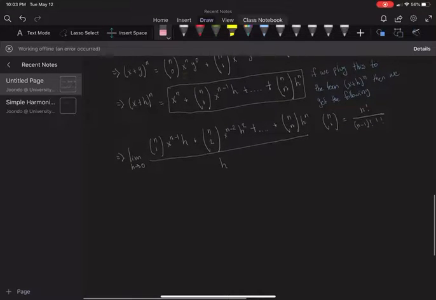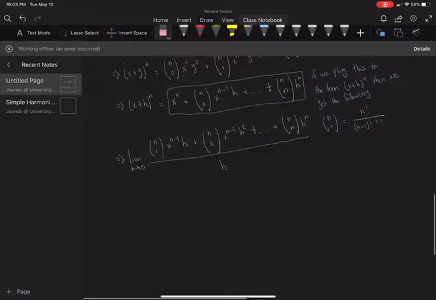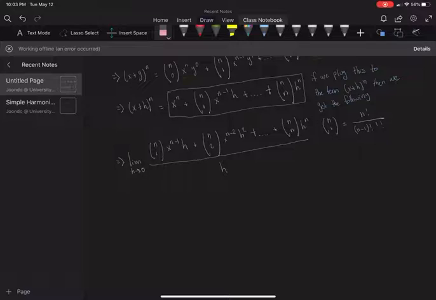And therefore, n choose 1 times x to the n minus 1 is the same thing as nx to the n minus 1.